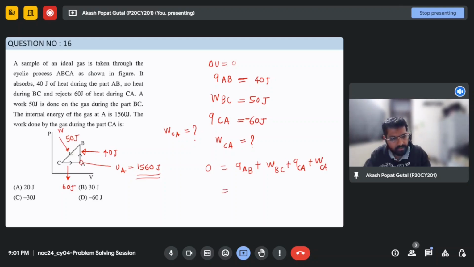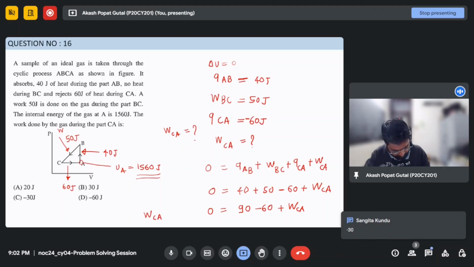So are you getting the answer? 40 plus 50 minus 60 plus WCA must be 0. This is 90 minus 60 plus WCA, which is nothing but WCA is 90 minus 60, which is 30.